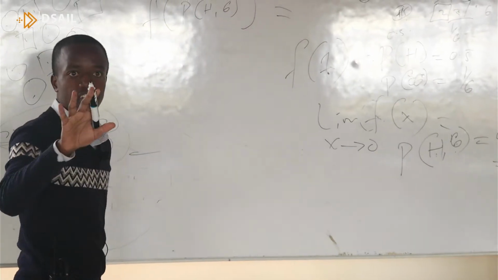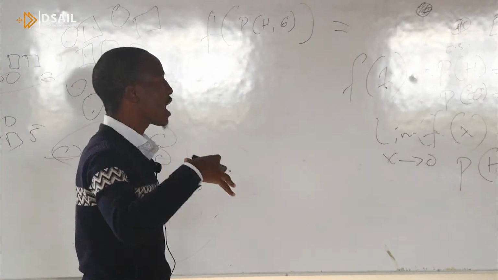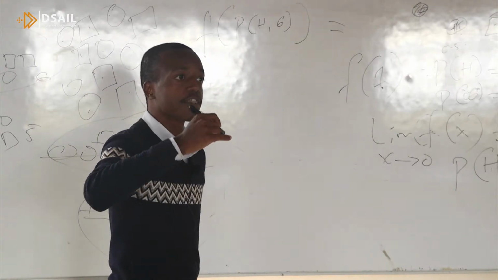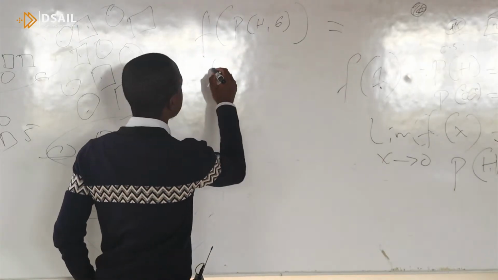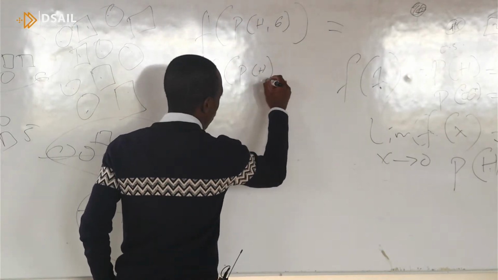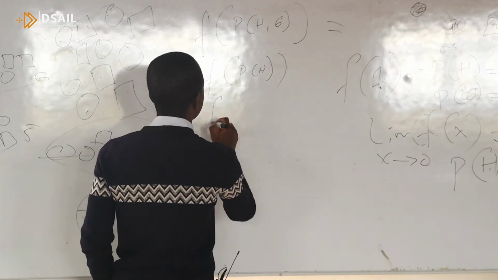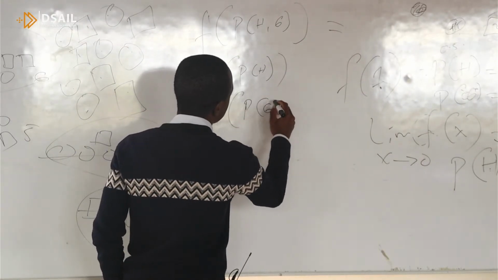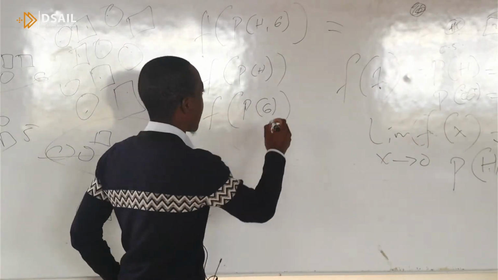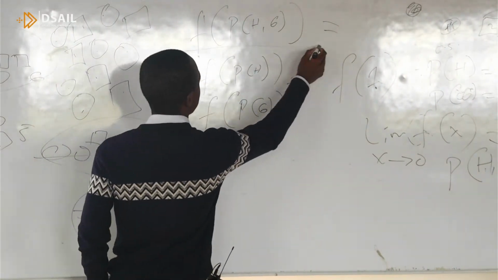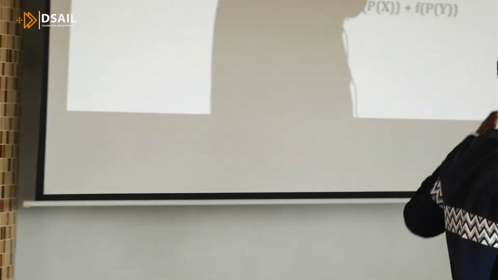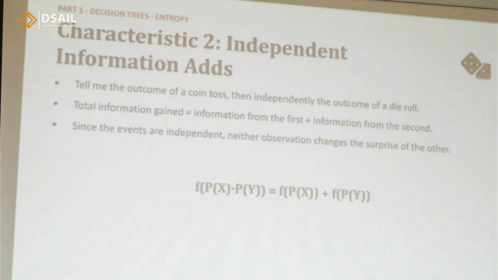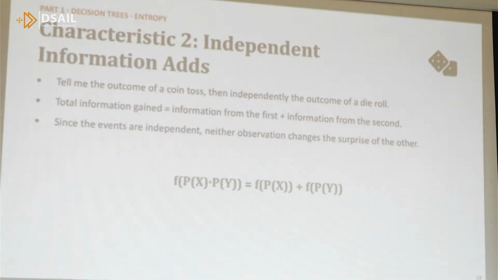But we are saying we want this function to have such a characteristic that the surprise I get from this will be equivalent to getting the entropy of the probability of head alone, and the surprise of the probability being 6 alone, and then adding them. You get that point? So the second characteristic is that multiplying and then getting the surprise is the same as getting individual surprises and adding them.